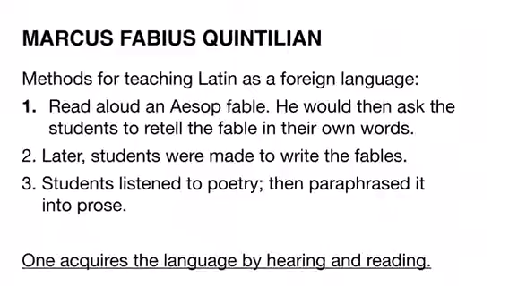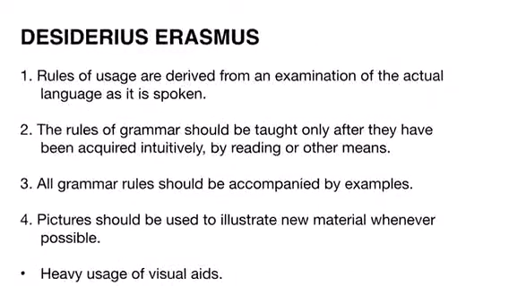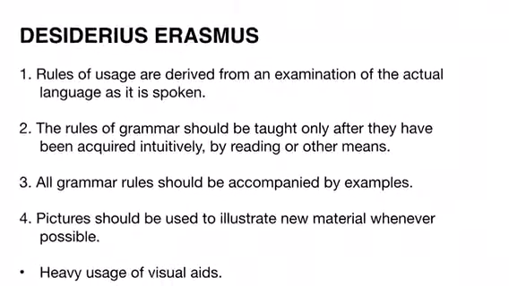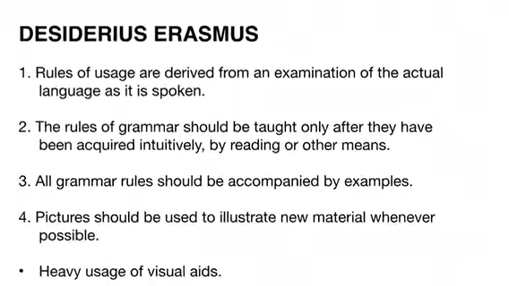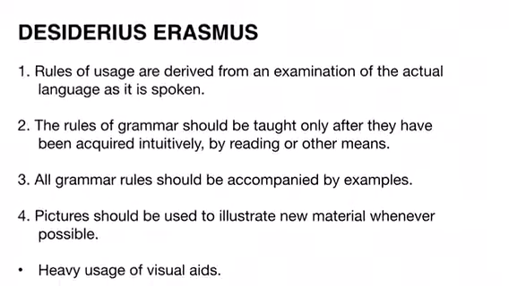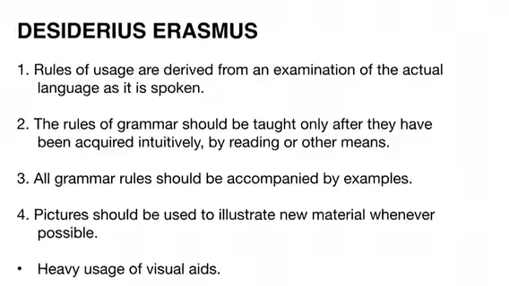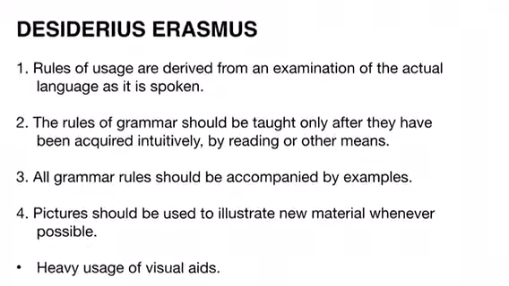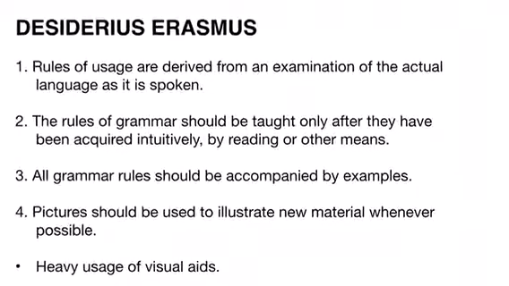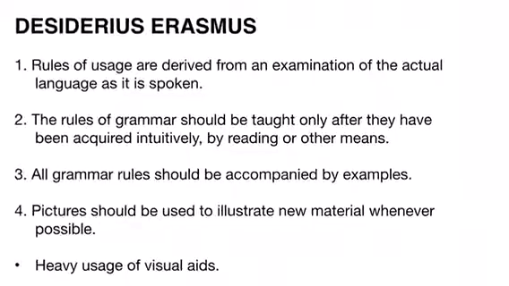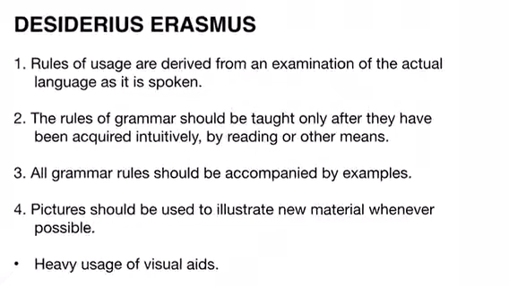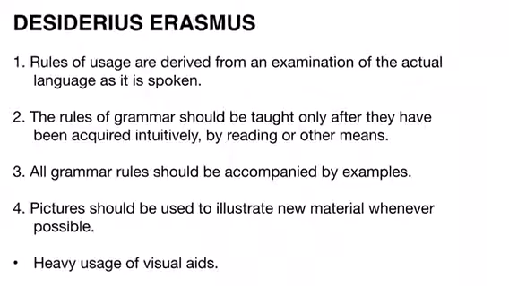The next scholar was Erasmus. He had four ways of thinking about and seeing literature. He thought that rules of usage derive from examination of the actual language as it is spoken, and that the rules of grammar should be taught only after they have been acquired intuitively by reading.